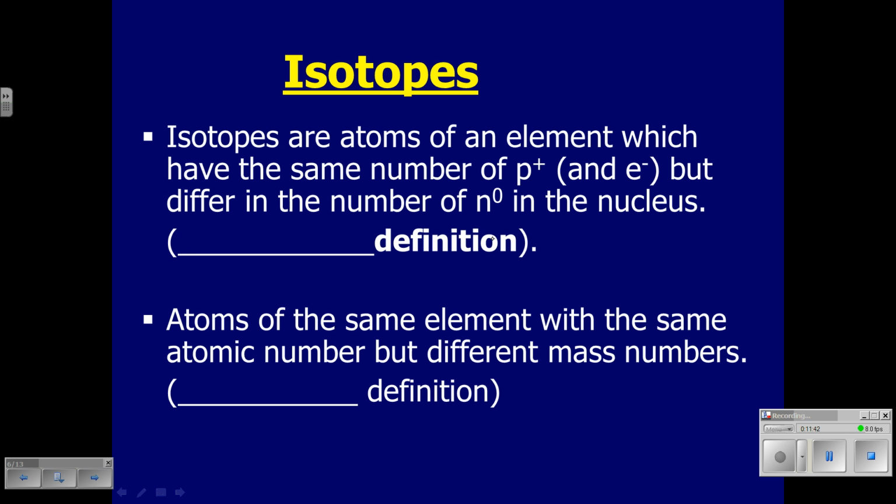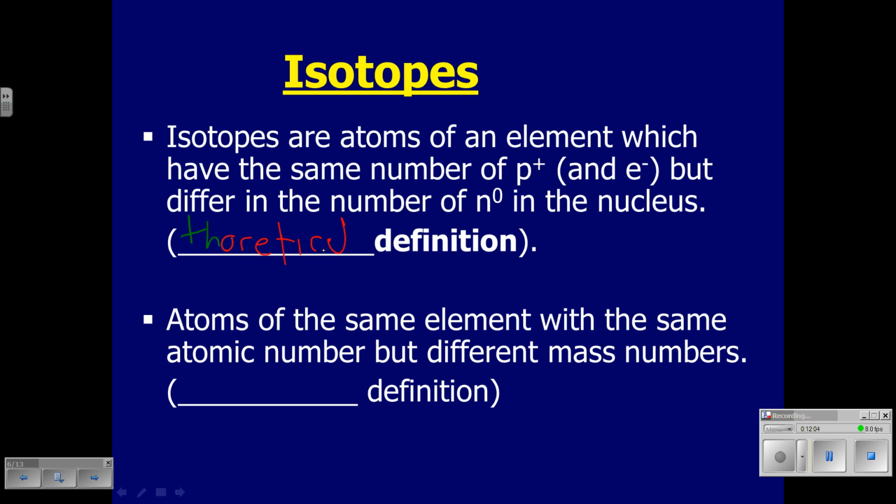Because protons and neutrons cannot be seen, this is a theoretical definition. Ooh, that's a horrendous spelling. Let's fix that. Theoretical definition.